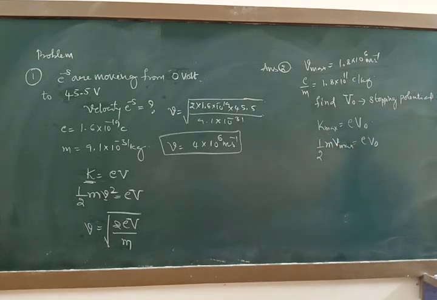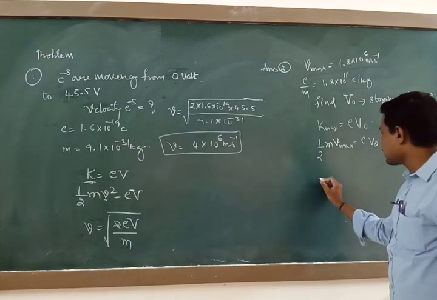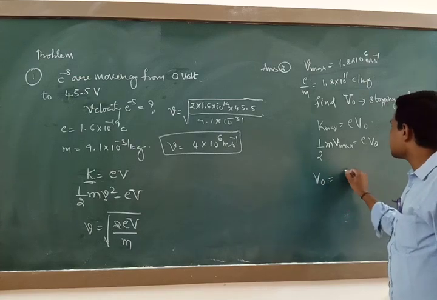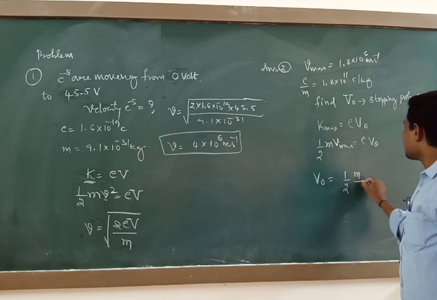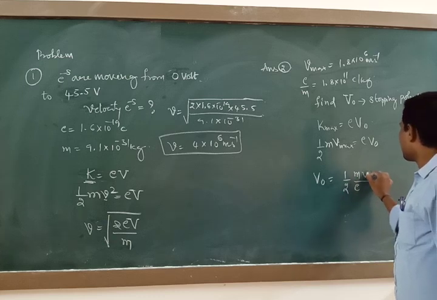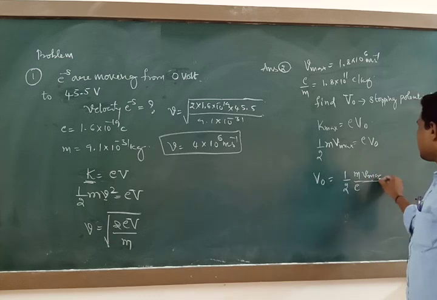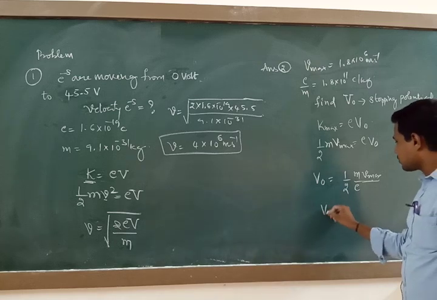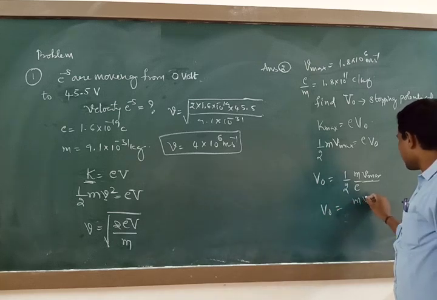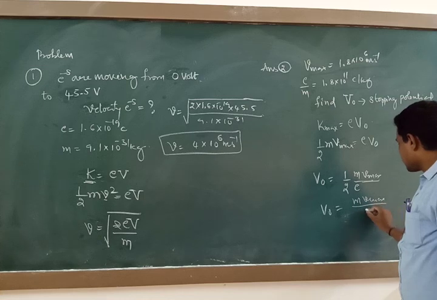That is nothing but the stopping potential. So what does V naught become here? V naught is equal to 1 by 2 m by E of v max square, so V naught is equal to m v max square by 2E.